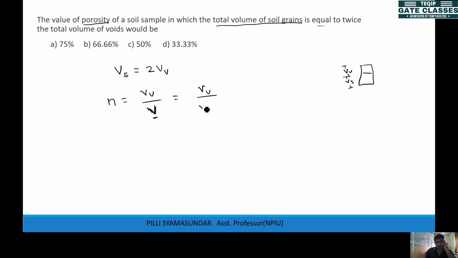So I would write Vs plus Vv, but Vs is 2 times Vv, right? So this is Vv by 3 times Vv. So the porosity is 1 by 3. So 1 by 3 is 0.3333, that is 33.33%.